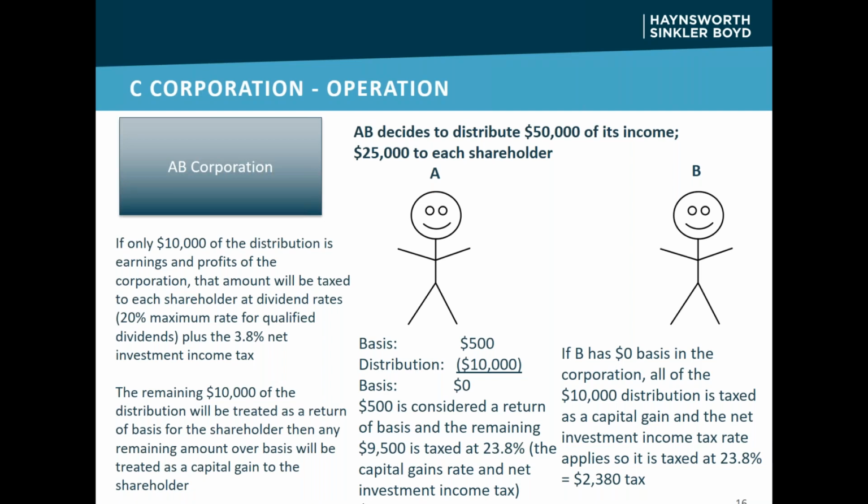So it's taxed at 23.8%, which results in $2,380 in tax. So B pays a total tax of $4,760, which is, again, the $2,380 on the $10,000 that's treated as a dividend, plus the $2,380 that is treated as a capital gain to the shareholder.